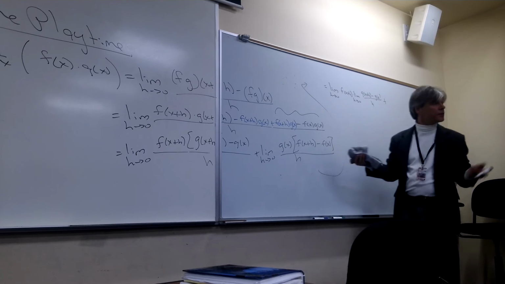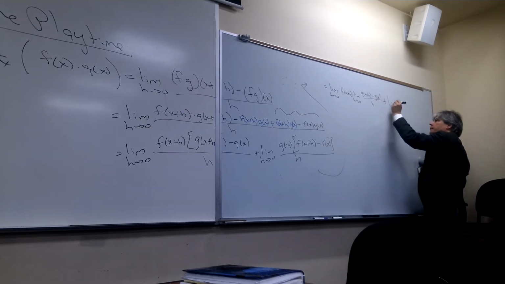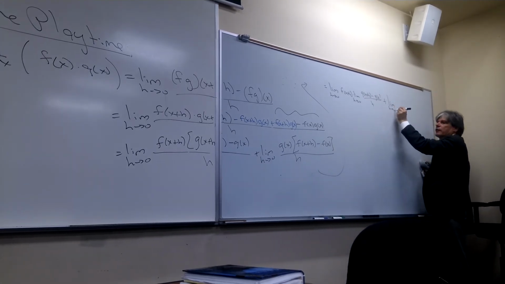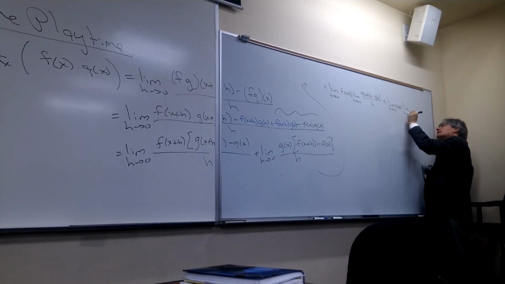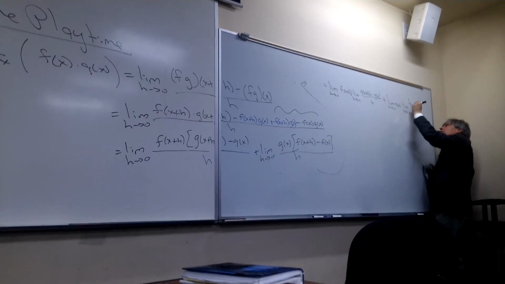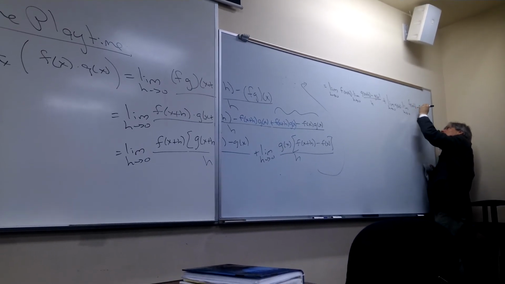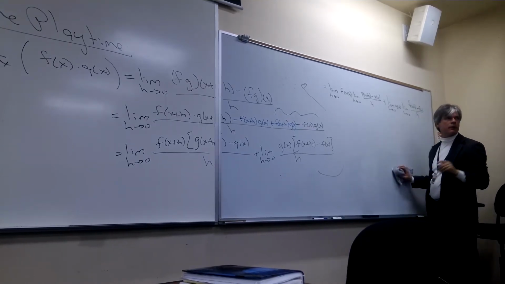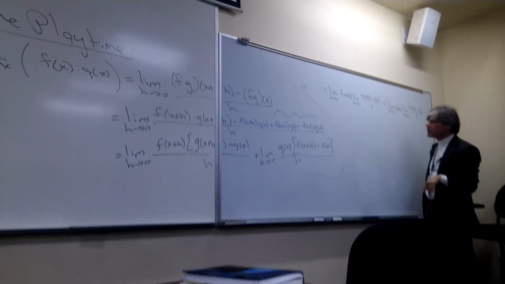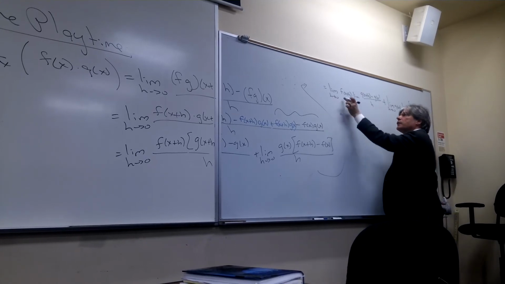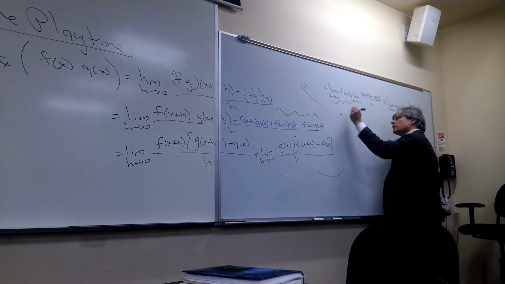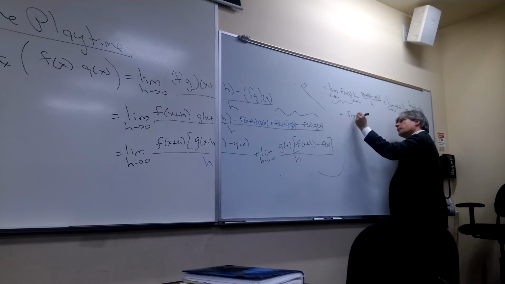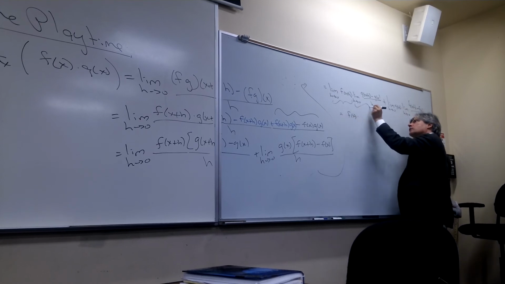That's a product of two limits. So I guess I've got the limit as h goes to 0 of my g of x, times the limit as h does its thing of this difference quotient. Well, let's take a break, and let's merely evaluate where appropriate. As h goes to 0, what's another name for the first factor? Do you recognize the second factor?